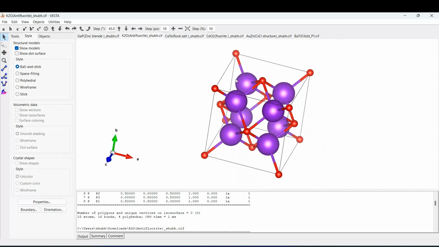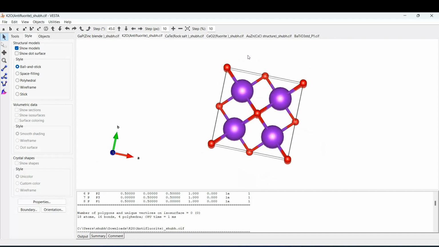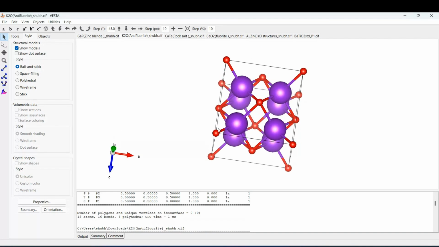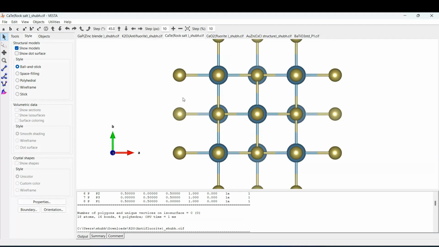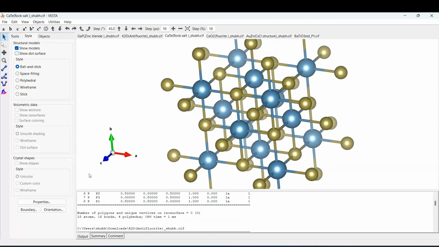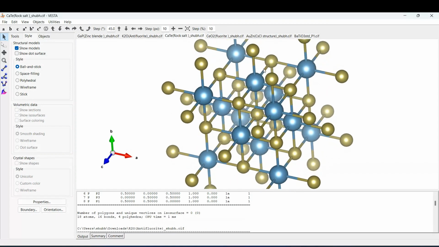All the eight tetrahedral voids, we can see eight here, are occupied by potassium. These are similar to the rock salt structure. In rock salt, all the octahedral voids, the mid of the edges and the central one, are occupied by calcium, and Te is forming the FCC.